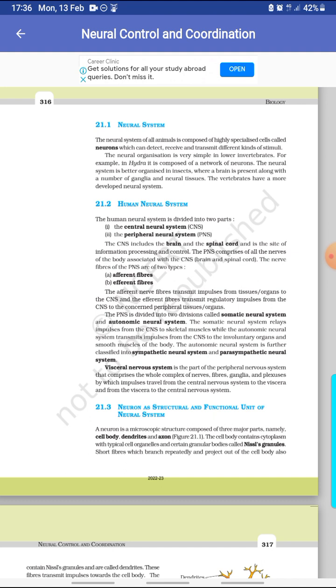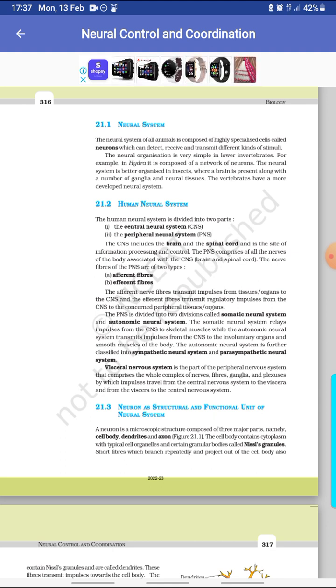The somatic neural system relays impulses from CNS to skeletal muscles, while the autonomic neural system transmits impulses from the CNS to the involuntary organs and smooth muscles of the body. The autonomic neural system is further classified into sympathetic neural system and parasympathetic neural system.